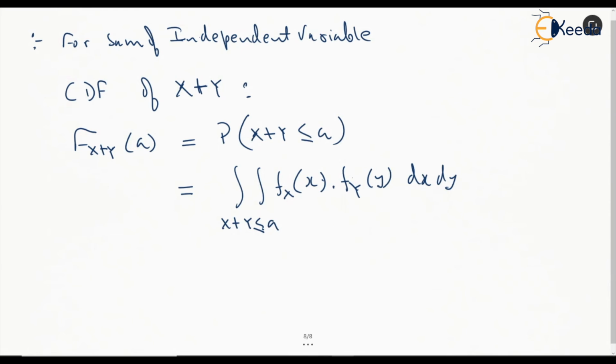Because they are independent, right? So if we choose one of these and integrate, with x plus y less than or equal to a, then x should be less than or equal to a minus y. This can be the upper limit; it cannot go beyond this.